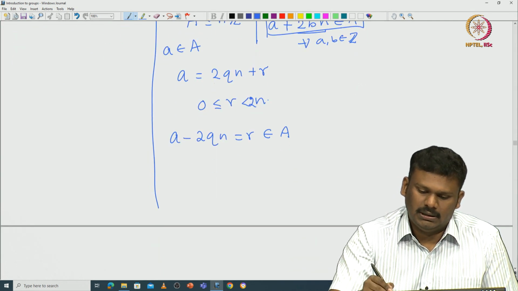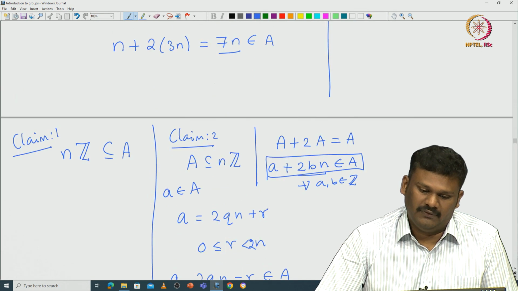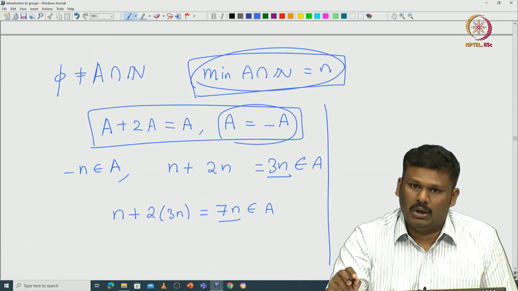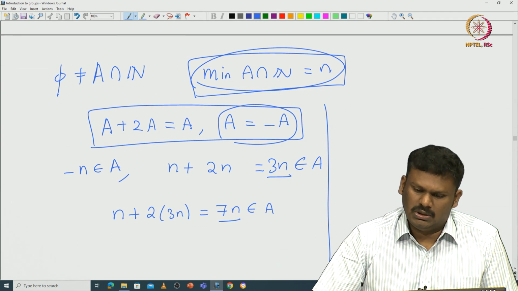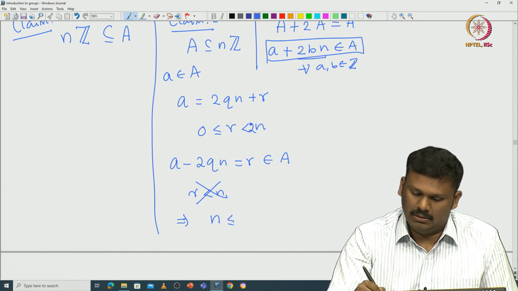But note that this r cannot be strictly less than n. Why? n is the minimum that we have already chosen. Right? So n is the minimum among all of A intersection N. So that means this cannot happen. So that forces that n should be at most r, and then r is less than 2n.